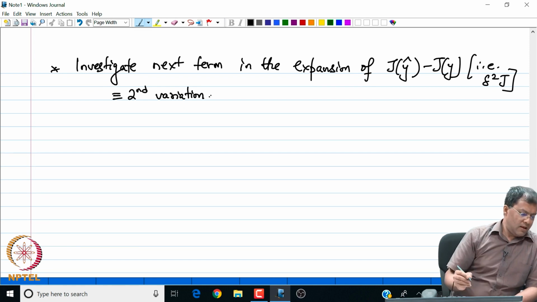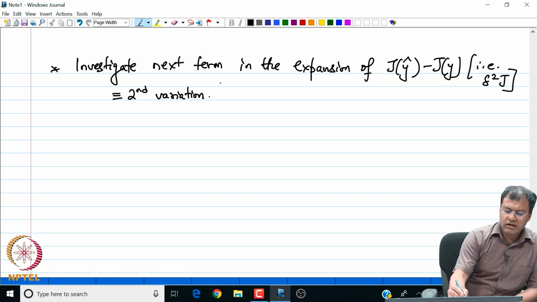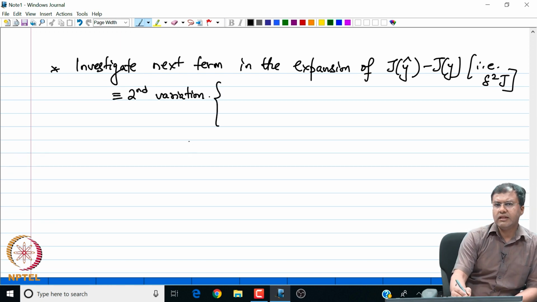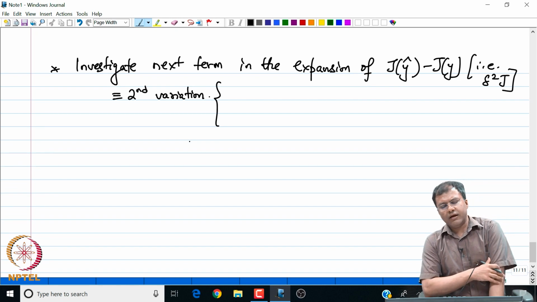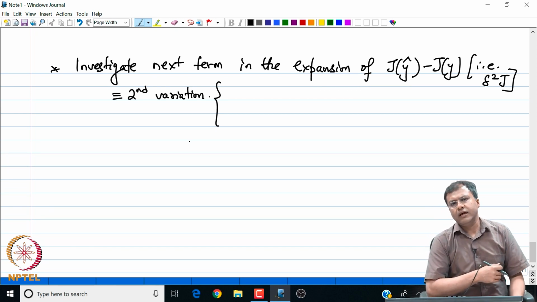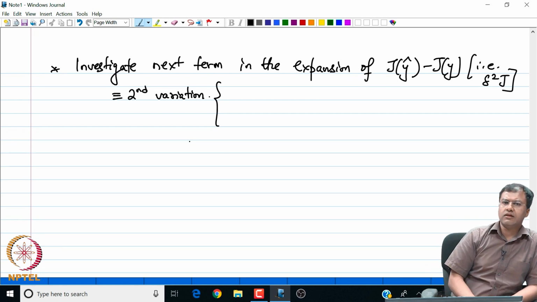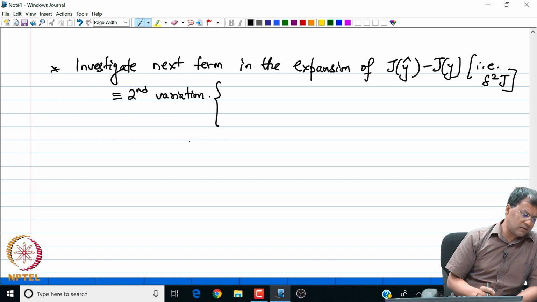Okay, what is the importance of the second variation? Because we will see that investigating the second variation will not only provide us with a more refined necessary condition for the existence of extrema, it will also provide us with the sufficient condition for specific cases.